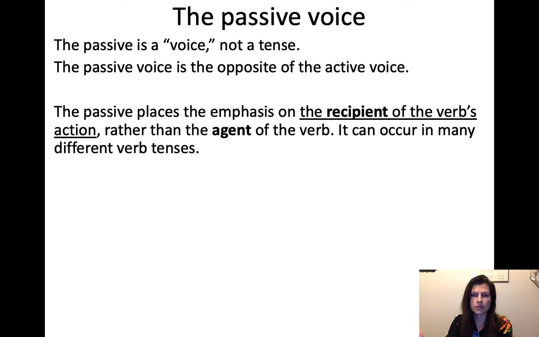So that's what we've been doing this whole time. That's what we learned subjects do. Subjects do the action of the verb. That's how you recognize a subject. But that only goes for the active voice. In the passive voice, the subject is actually receiving the action of the verb. So it's opposite. And of course, it can occur in many different verb tenses.